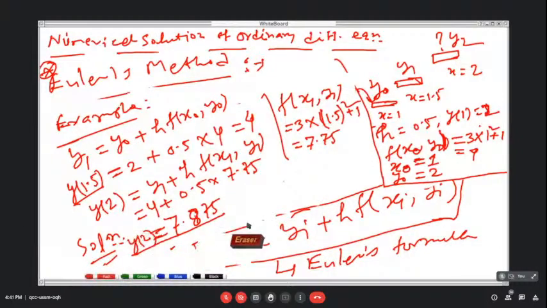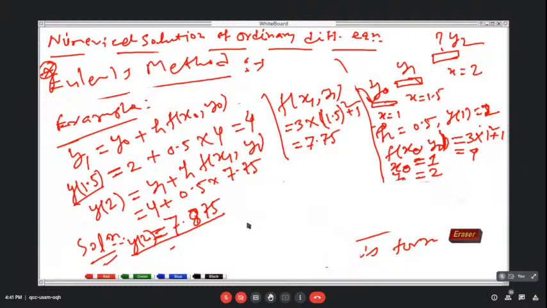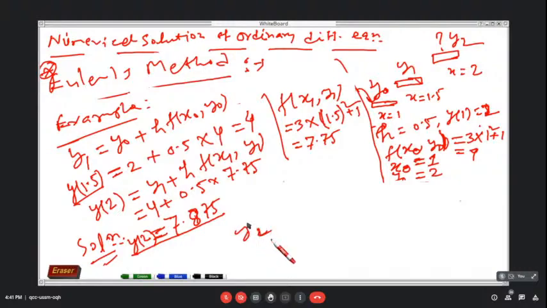How many steps we should take if the step size is 0.25? ये तो y2 तक गए आप, राइट? If h is equal to 0.25, then what will be the y? कितने स्टेप लेना पड़ेगा?